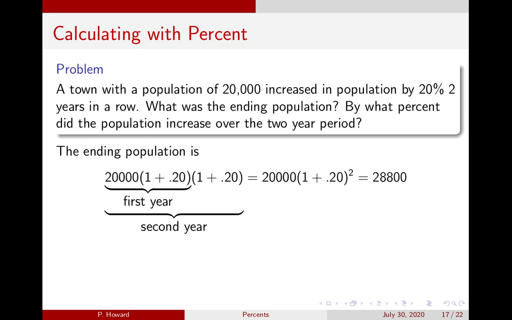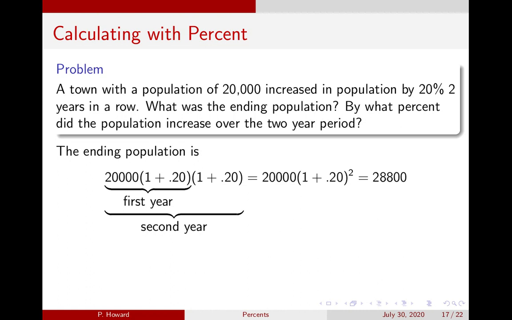Well, the ending population is fairly easy to calculate. For the first year, we multiply the original 20,000 population by 1 plus 0.20 to increase it by 20%.